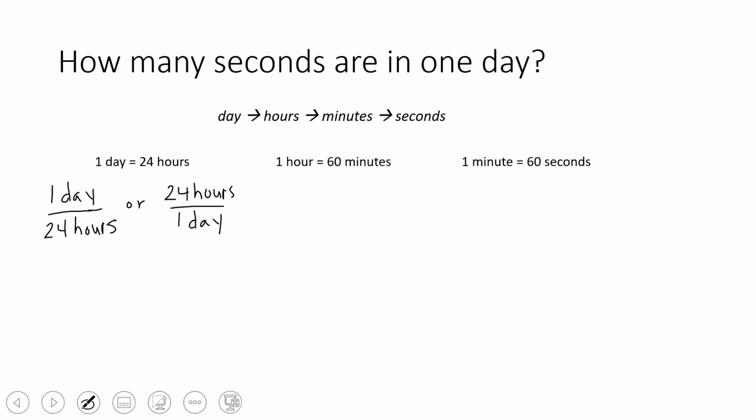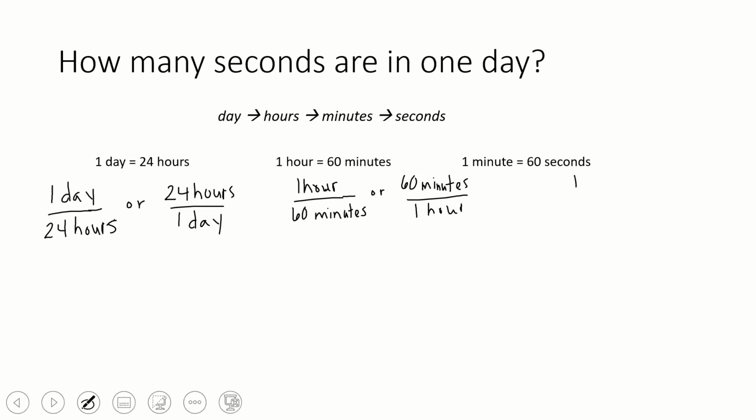I can do the same thing for the next equality. 1 hour equals 60 minutes. So I could say 1 hour per 60 minutes, or I could say 60 minutes per 1 hour. Same thing with the last equality.